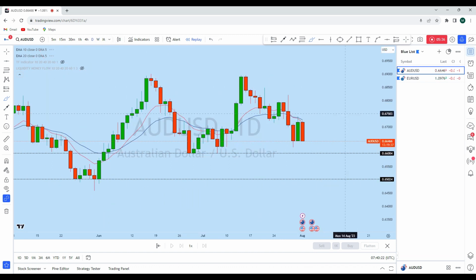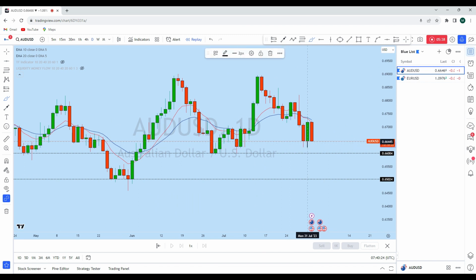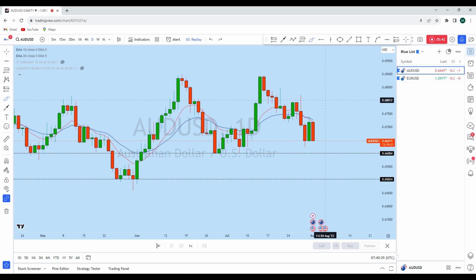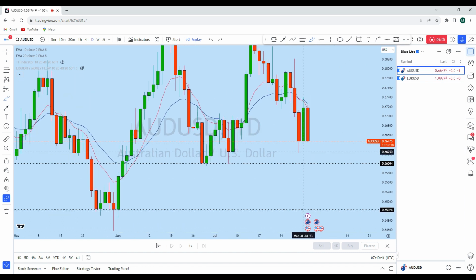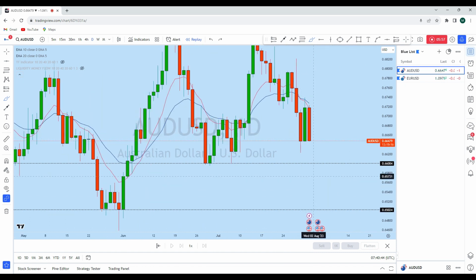On the daily time frame, there is a daily movement to the upside, and with this move the price tested the 20 EMA. Today, once the market opened, there was immediate rejection from that level, giving a very high probability for AUD/USD to continue to drop towards its long-term support level.